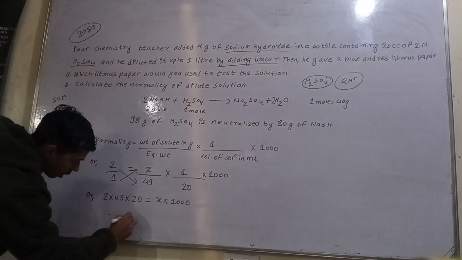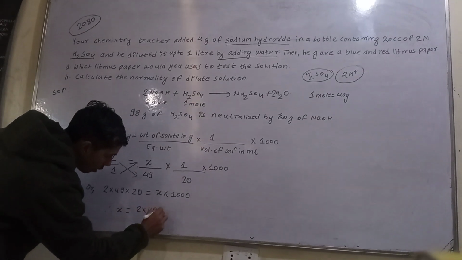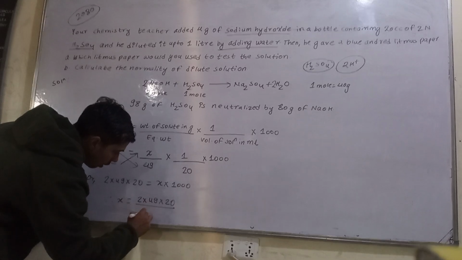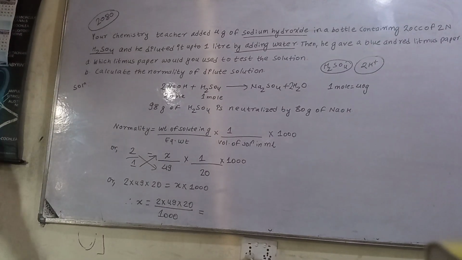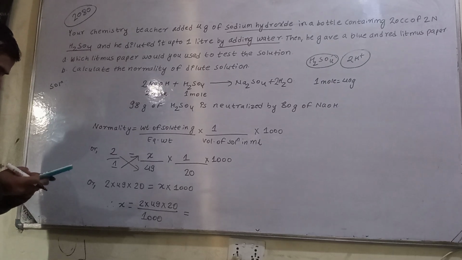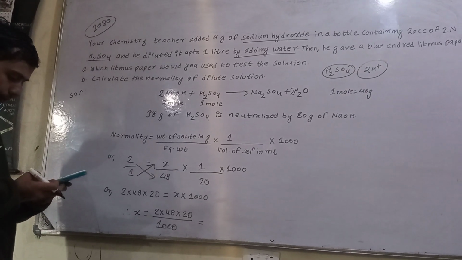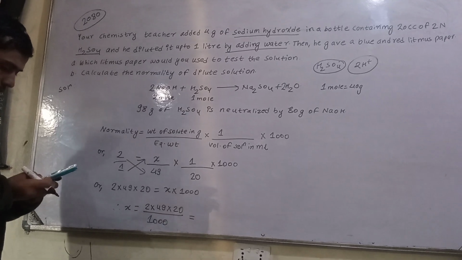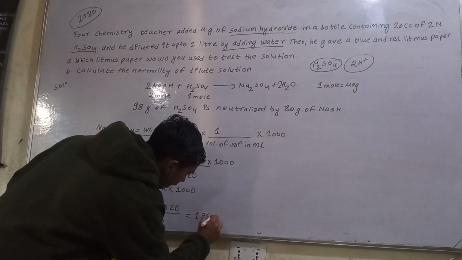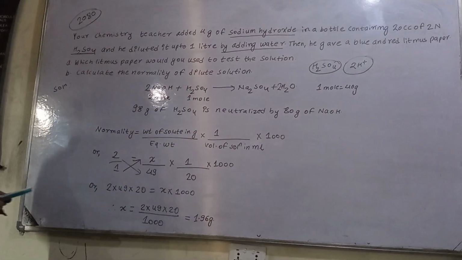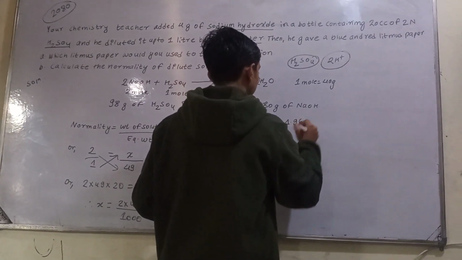Therefore, X equals 2 into 49 into 20 divided by 1000, that equals 1.96 grams.